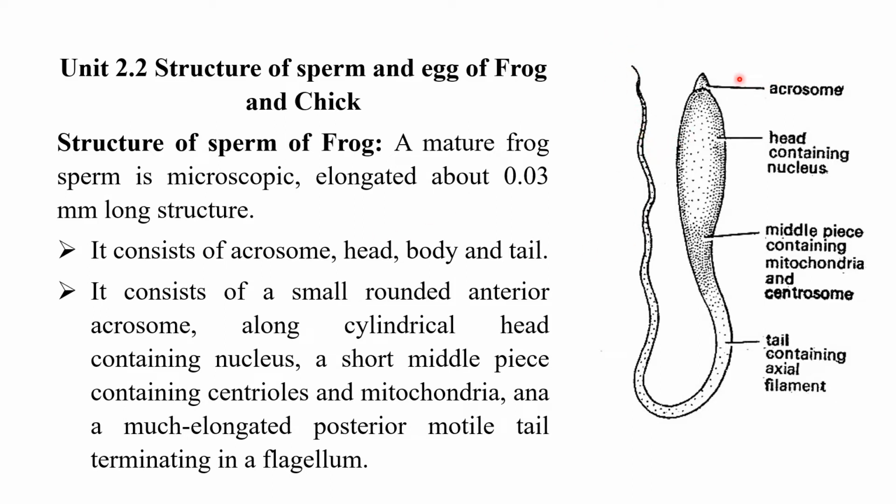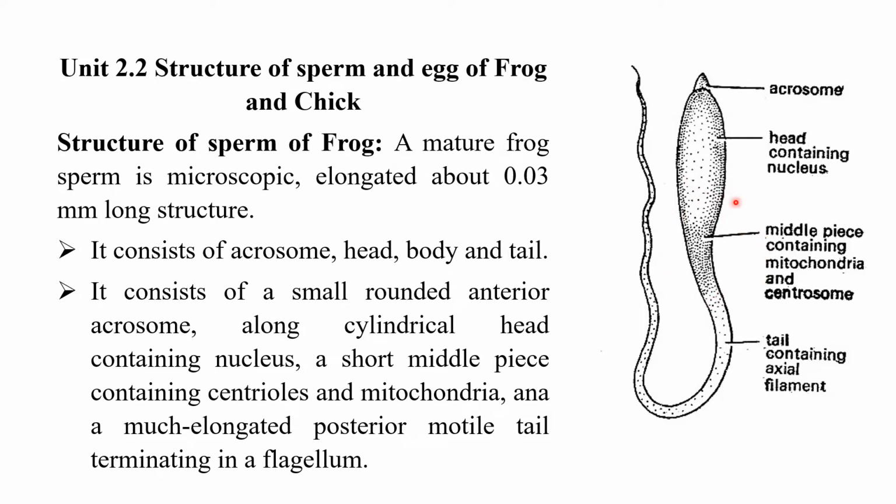So this frog spermatozoa is a very simple structure composed of 4 different parts: the acrosome, head, body, and the tail. Immediately after the acrosome, you can see a cylindrical head which contains a haploid nucleus or the male nucleus.